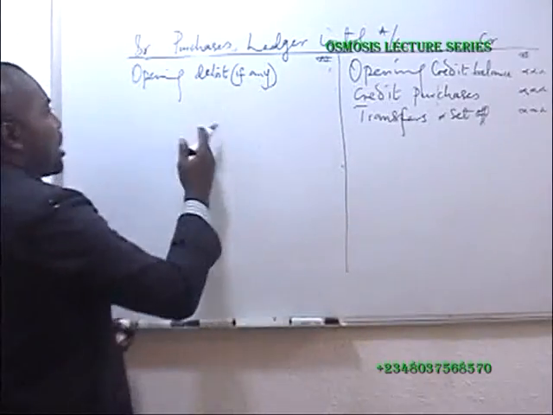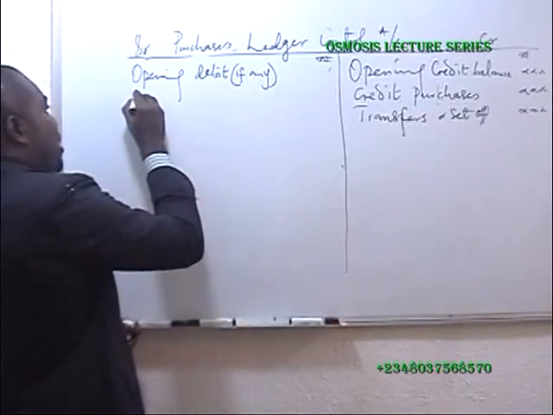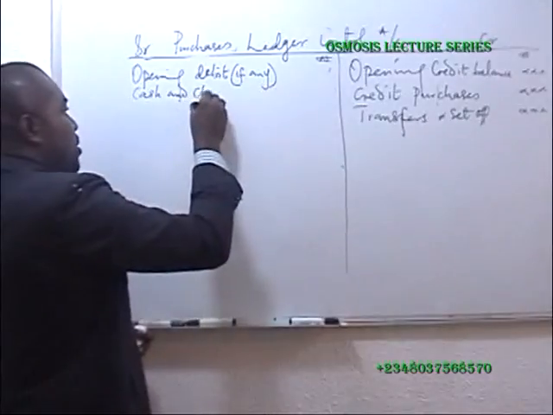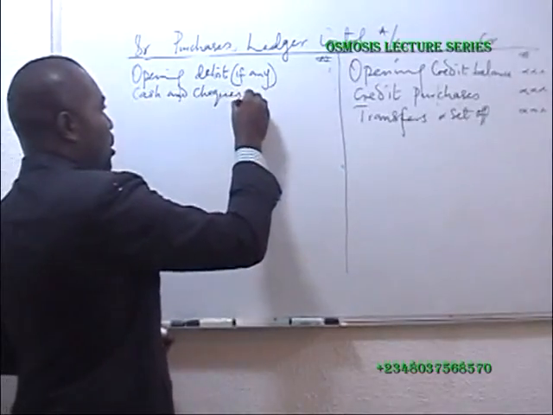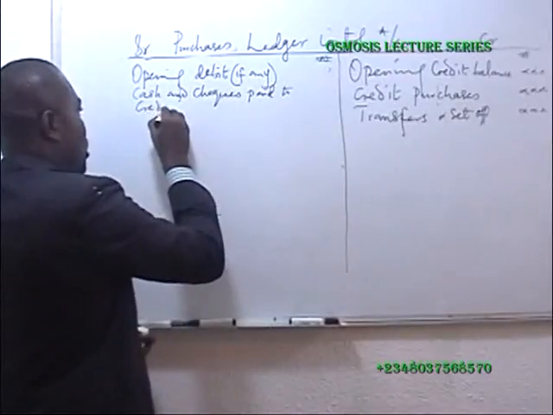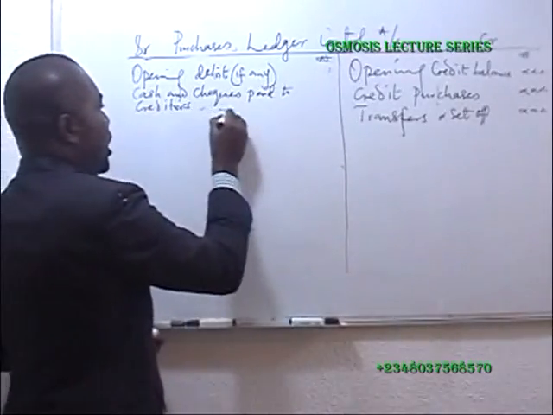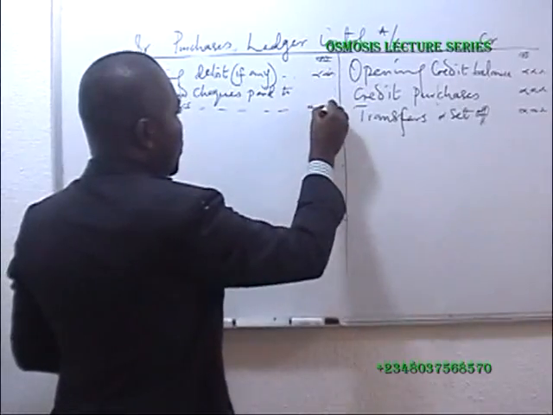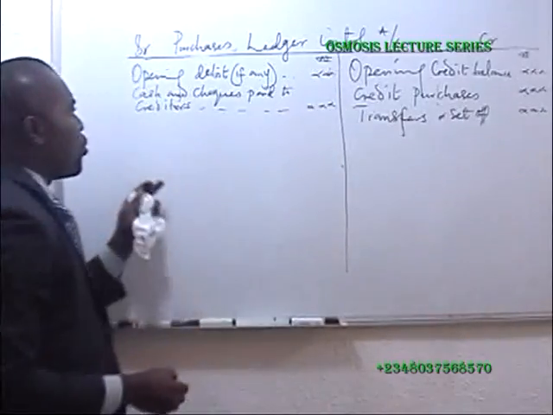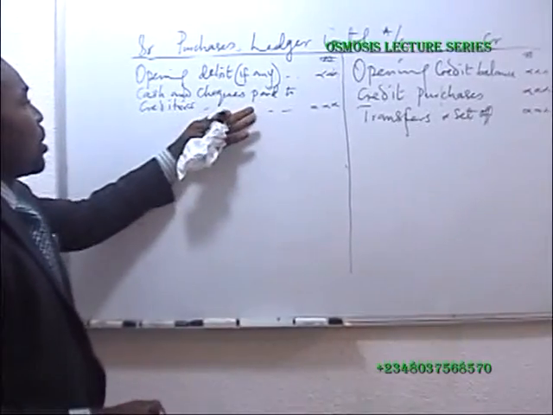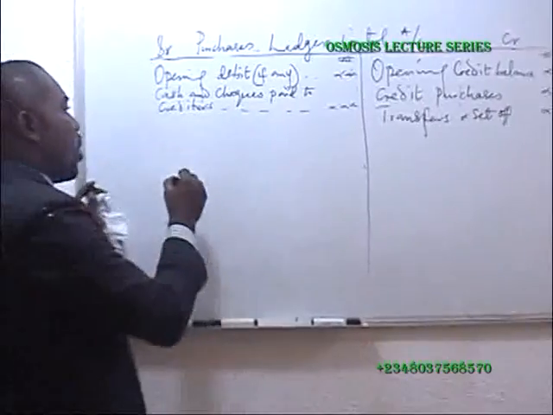Then, apart from opening debit balance, if any, we'll have cash and cheque paid to creditors. Cash and cheque paid towards creditors. If you pay cash and cheques to creditors, they may allow you what?